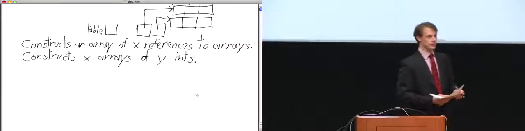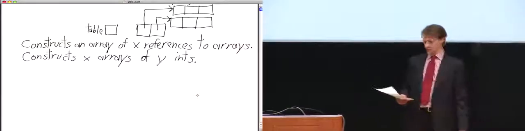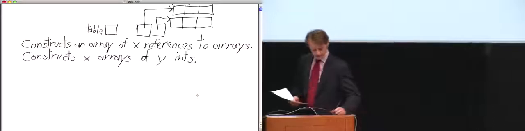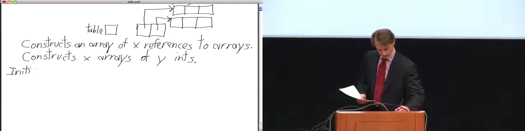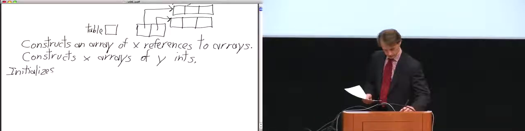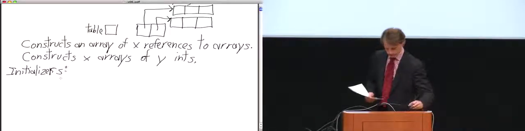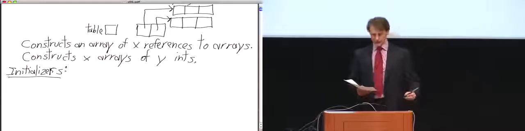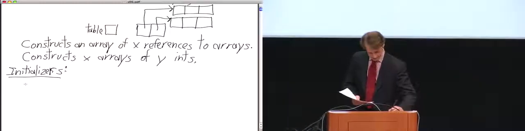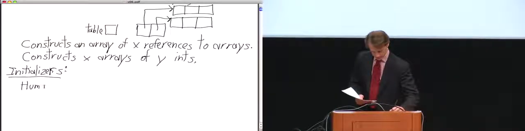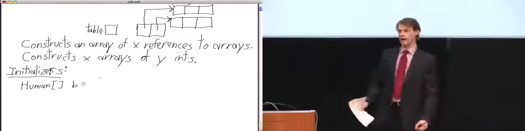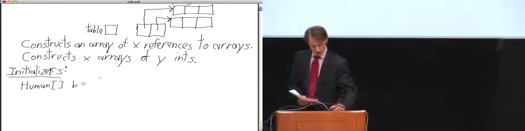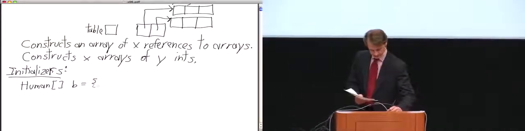Another useful way to construct arrays, including multidimensional arrays, is through what are called initializers. And so an example of an array initializer is, I'm going to declare an array of humans, call it B. And when I declare it, I'm going to immediately assign it an array, and that array gets constructed on the spot when I do this.